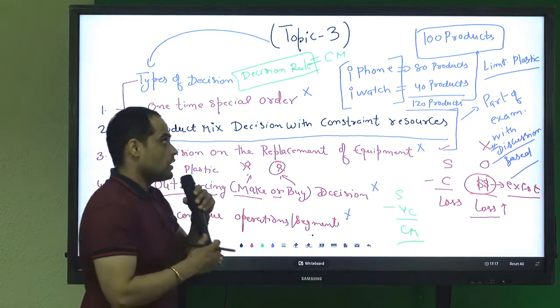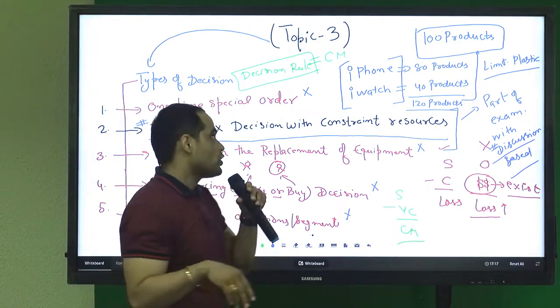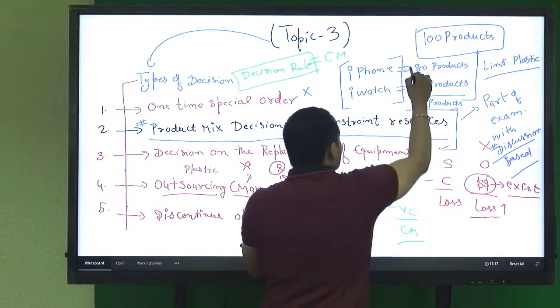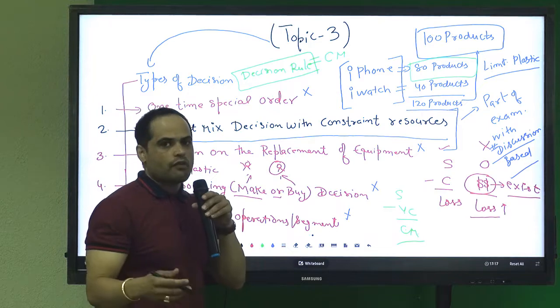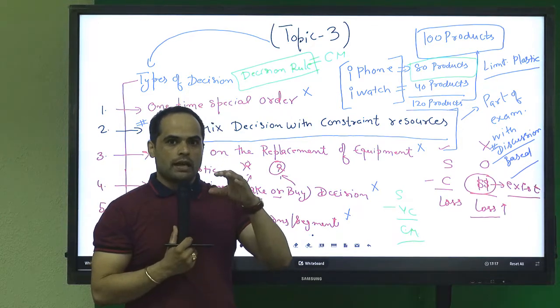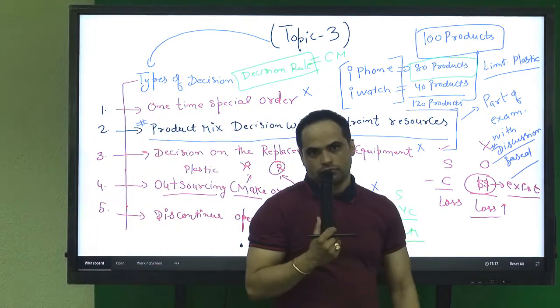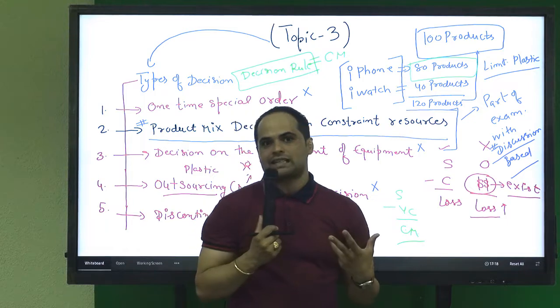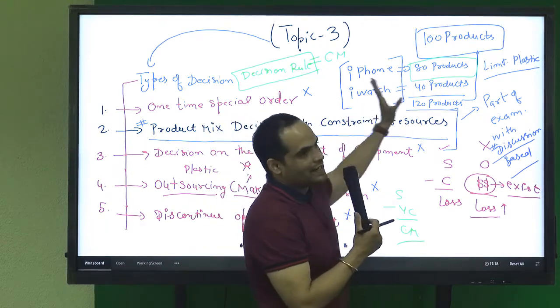So let's say iPhone is more profitable for the company compared to iWatch. So company will produce 80 products, right? Whatever plastic we have available, we use that plastic to make 80 products. And then whatever plastic is left, we use to produce the rest of the products.